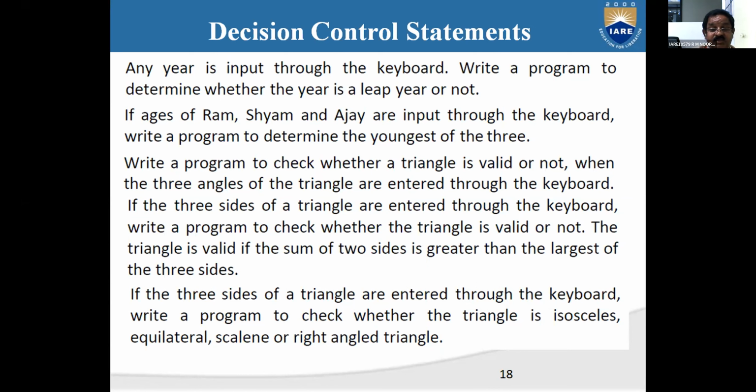For example, if it is ABC, then AC square equals AB square plus BC square. The diagonal is AC. Then the triangle is said to be a right angle triangle.